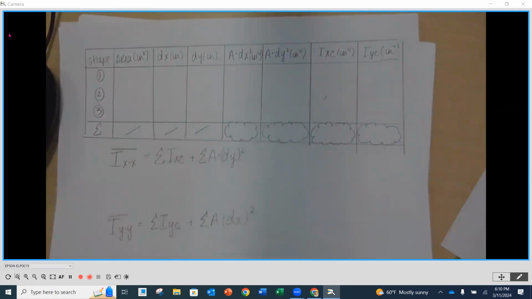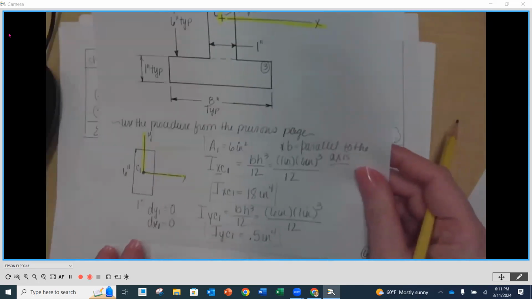So now what you can do is go back into each one of the shapes and fill in the chart, and then do your sum. I'm going to give you some time to do that. You're simply going to go back to, for instance, shape number 1.